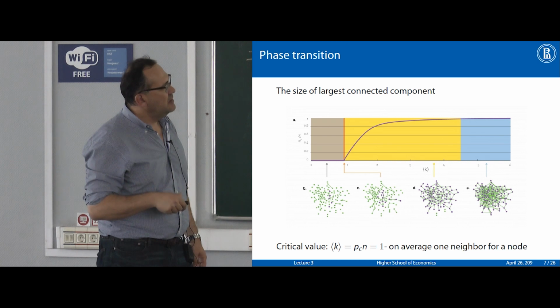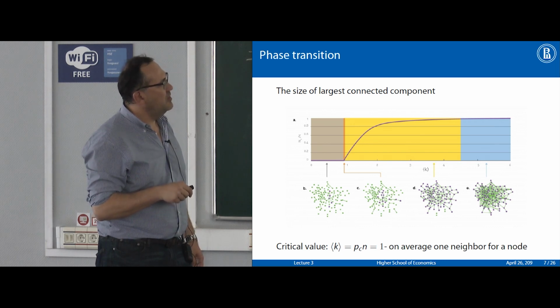But when this parameter K, or average degree, starts from 1, all of a sudden you start getting connections, and it goes very, very fast. In a very small interval of K values, the fraction of the nodes that become connected goes from 0 to 1.